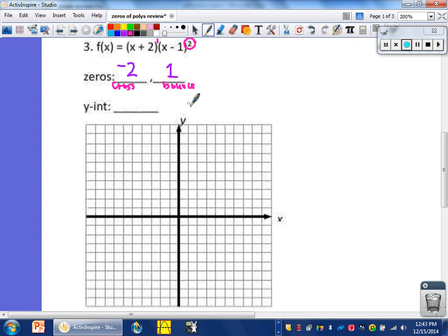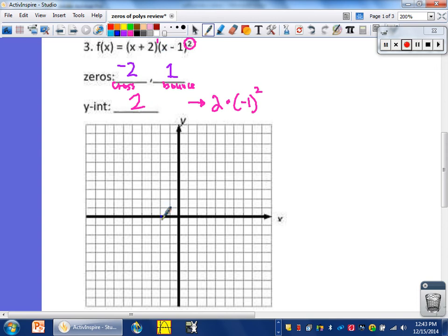To find the y-intercept, we multiply all of the numbers together. So here is a positive 2 times negative 1 squared. So here's our negative 1 raised to the second power. 2 times negative 1 squared is positive 2. Negative 1 squared is 1. 1 times 2 is 2.